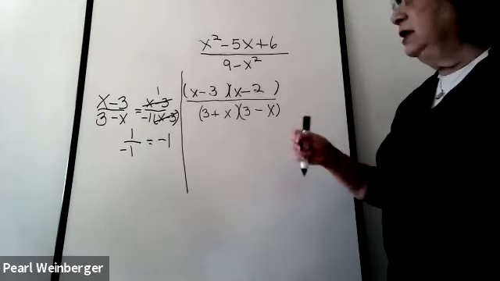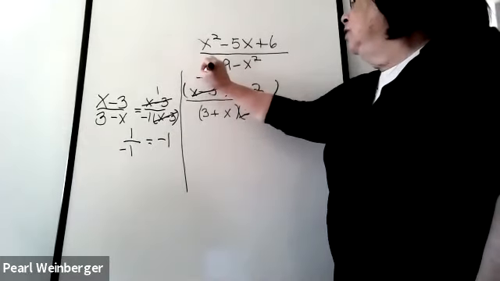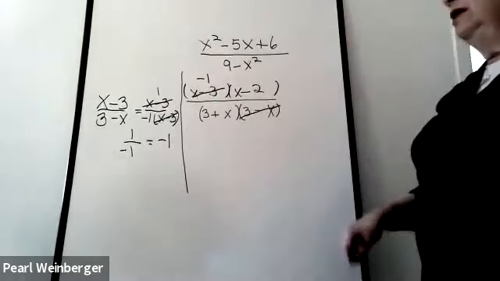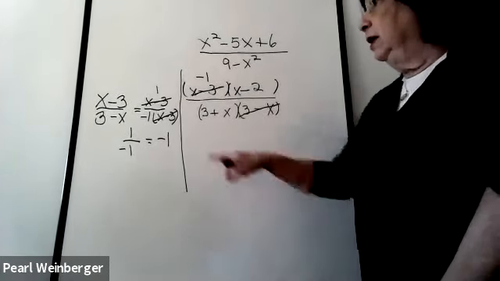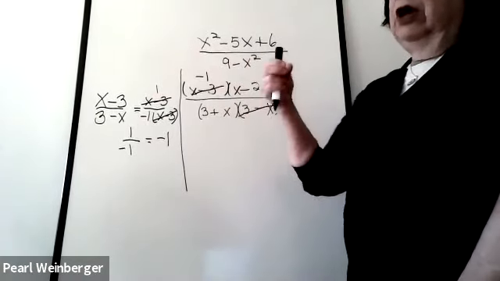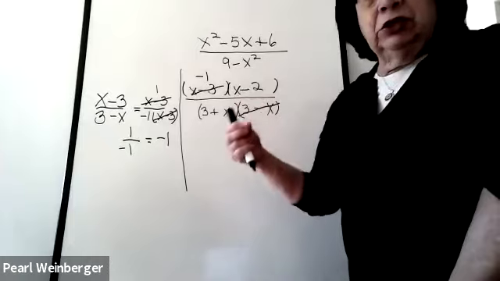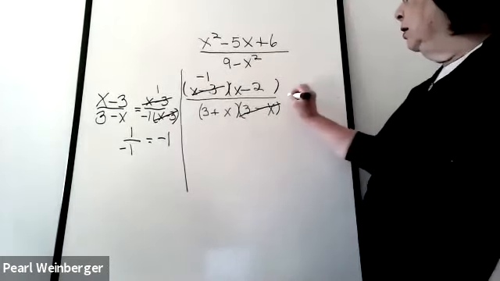They can be crossed out as long as you put a negative 1 in place of one of them. Now you can put the negative 1 in the numerator, or you can put it in the denominator. Over here we have it in the denominator; over here I have it in the numerator. It usually is easier to deal with if you put it in the numerator, so I will always put it in the numerator.